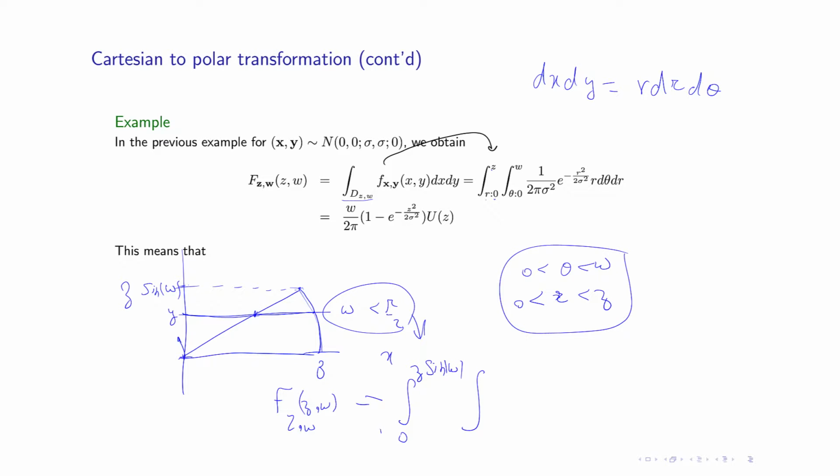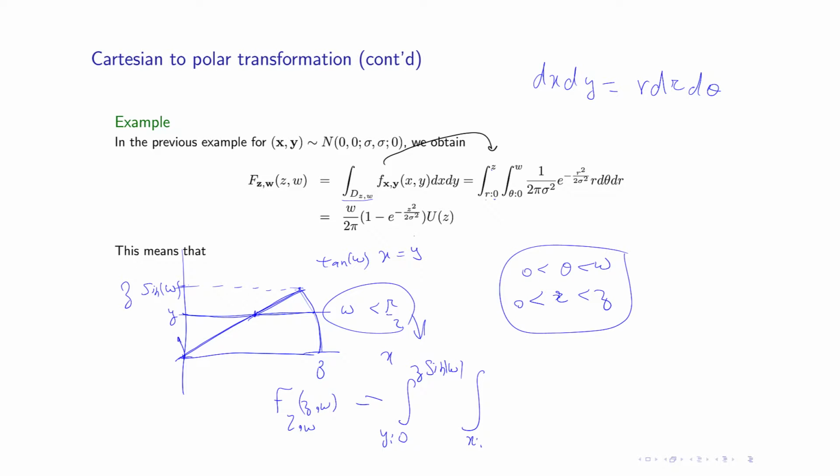So this is the variation of y, and x varies from this line. This is the equation of a line: tangent of w times x is equal to y.